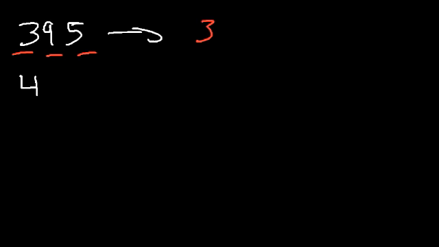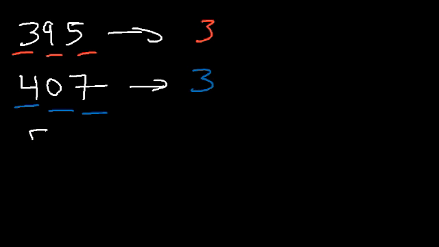Now what about 407? The only thing you have to worry about is the zeros. This 0 that's between the 4 and 7, is it significant or is it not? In between zeros are always significant. So this is counted as 3 sig figs. Now what about 5050? So we know the 5s are significant and the 0 that's between it.